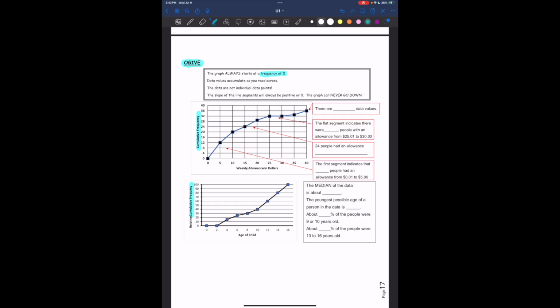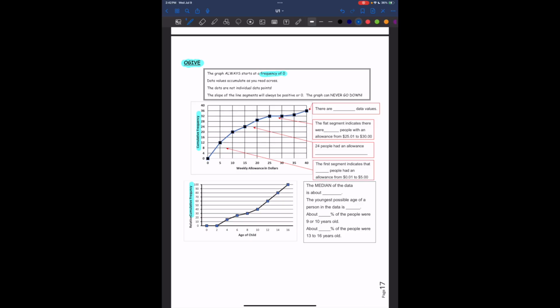Think about snow accumulation. So if we go ahead and look at this first section, we see that it is about weekly allowances for different people. So we say that here's all of the amounts of people. If you look at the very top of the graph, that is always the total amount of people that you have.